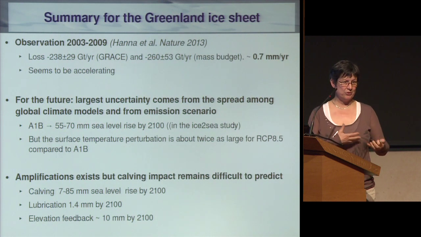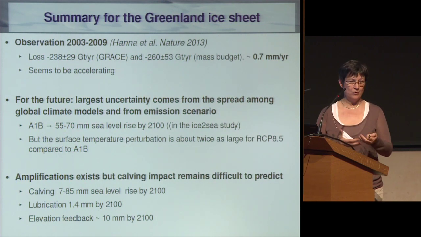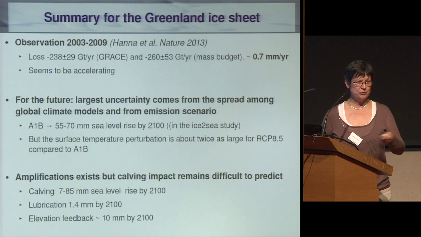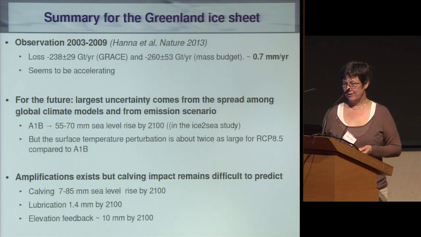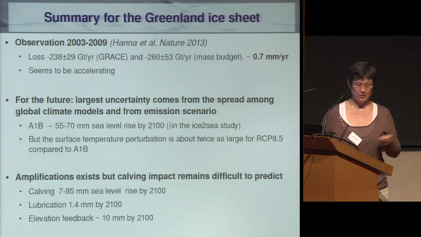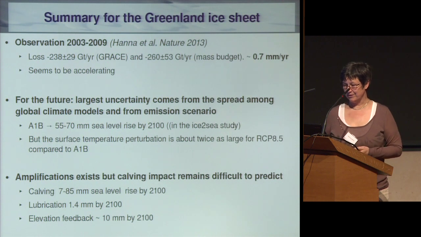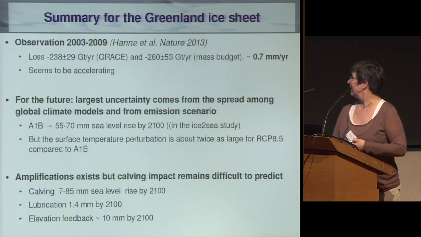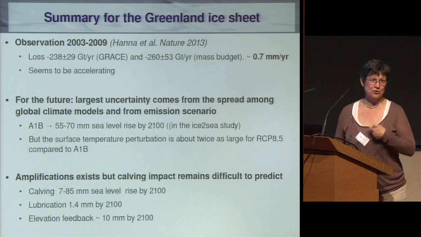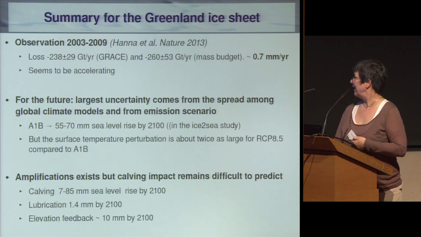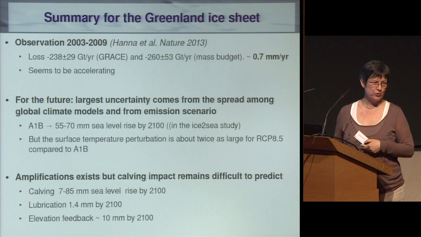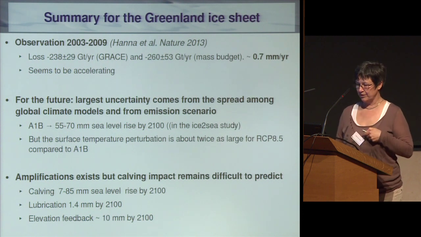And I think without coupling and without doing ensemble simulations with a lot of models, it's the best way to estimate the future impact. Amplification linked to ice dynamics exists, and calving remains the most difficult point to predict.